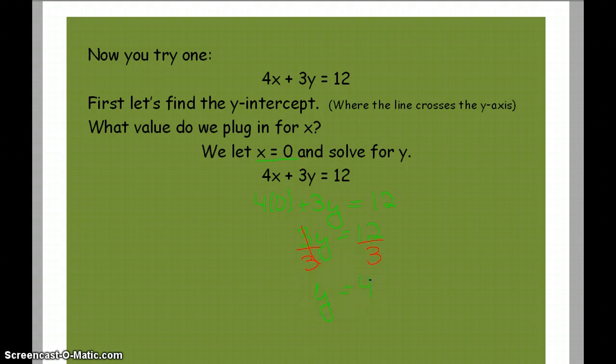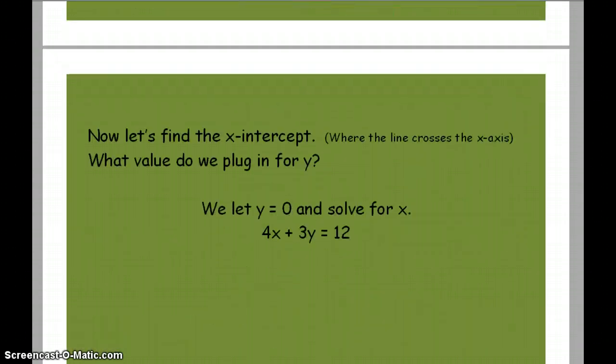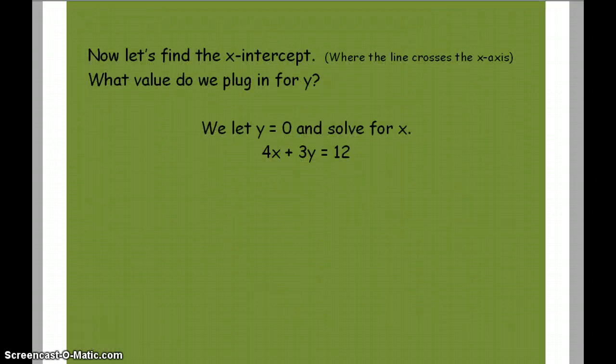Now I'm going to do my coordinates. My x value was 0. My y value is 4. So the coordinate is (0, 4). Okay, now let's find the x-intercept. Same equation. The only difference is now we're going to let y equal 0 and solve for x.